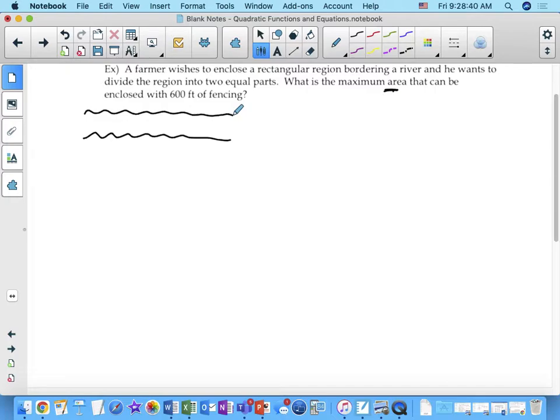So he's making a rectangular, almost like a pen, that's bordering a river. Okay, and he wants to divide that into 2 equal parts. Okay.